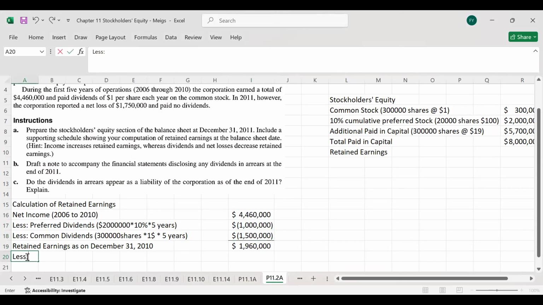Less we have net loss for the year 2011. So for the year 2011, you can see it is given here, $1,750,000. So we will deduct it.